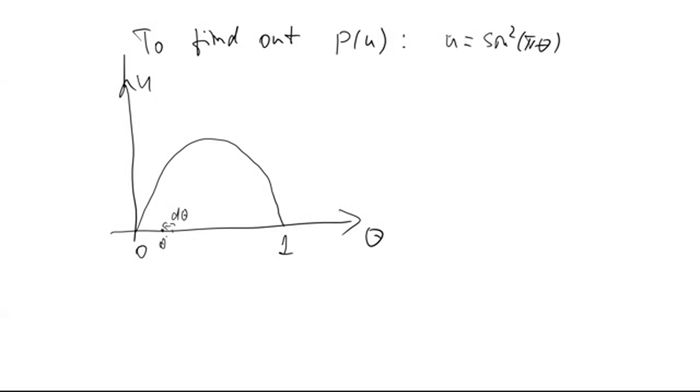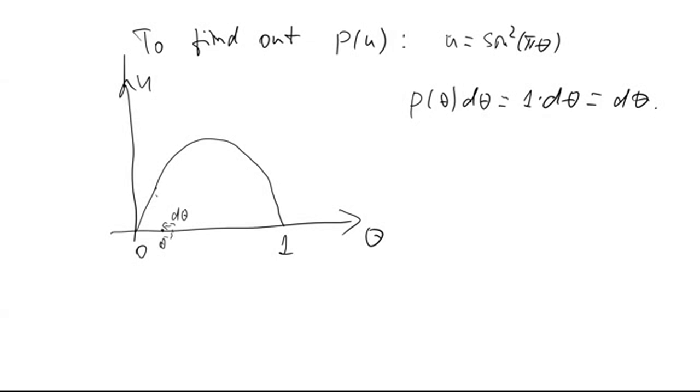The probability for theta to have a value in this range is P of theta times d theta, but P of theta we know is 1, so it is just d theta.